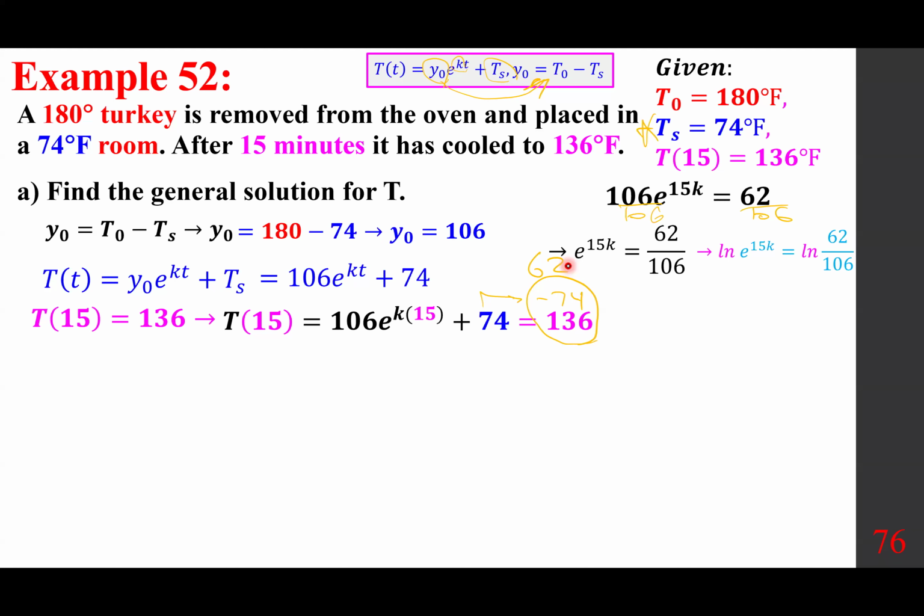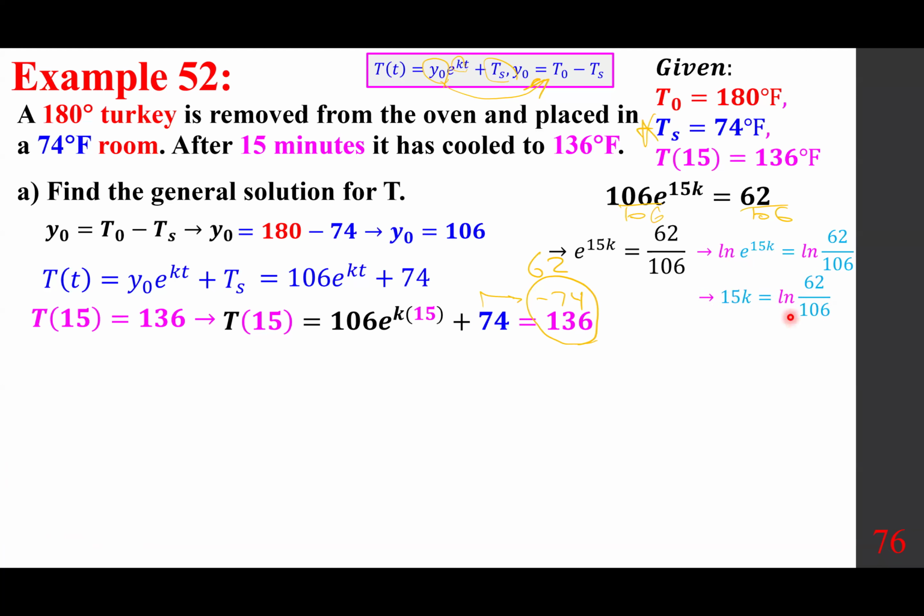So when you take the natural log of both sides, what happens? The left side just comes out, becomes 15k, because natural log and e cancel each other. So the left side is simply 15k, and the right side, just write it.